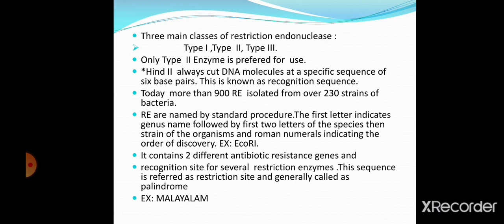Here the restriction enzyme Hind II always cuts DNA at a point of recognizing a specific sequence of 6 base pairs, whereas type 2 enzymes cut at a specific sequence between 4 to 8 base pairs.